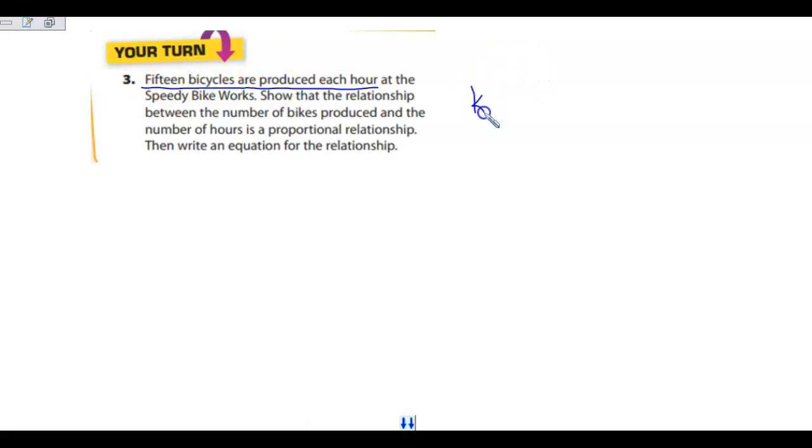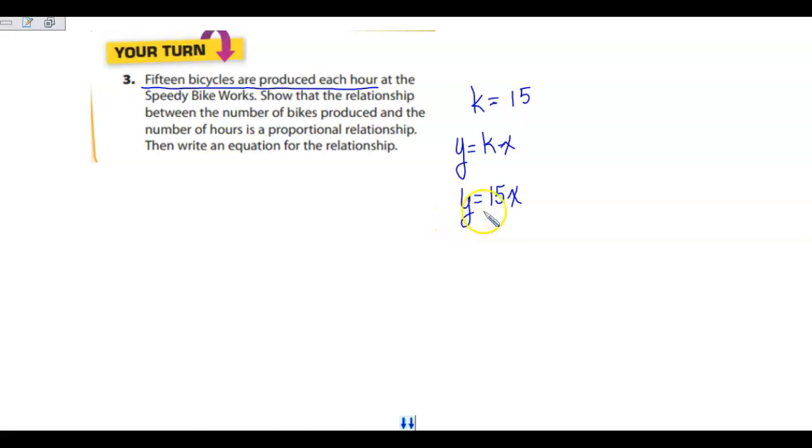So our constant is going to be 15. We know that if we use the equation formula of y equals kx, I can replace the k with 15, and then my equation becomes y equals 15x, where x represents the number of hours and y is the number of bicycles produced. Okay?